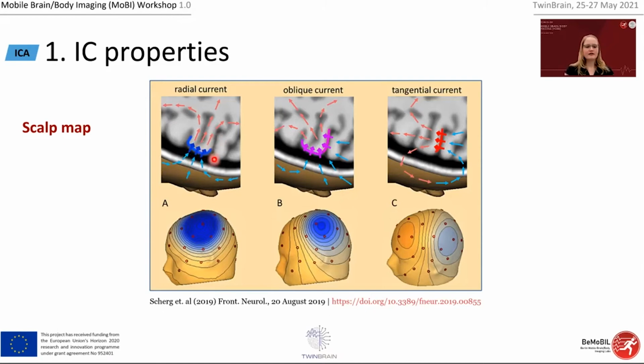This defines the orientation of the dipole. So if it is more tilted, or tangential to the scalp, or radial to the scalp, this basically defines how the scalp map will look like.